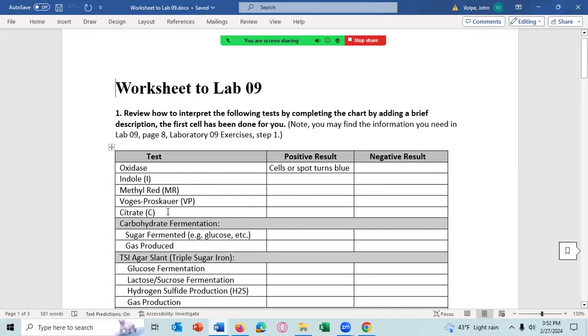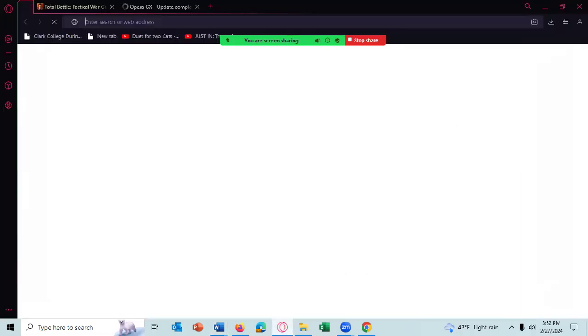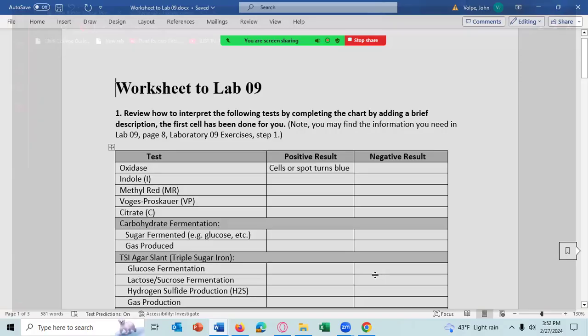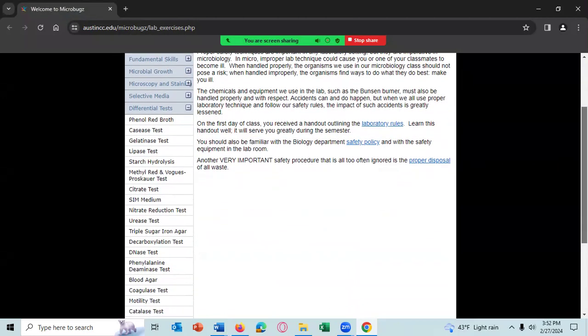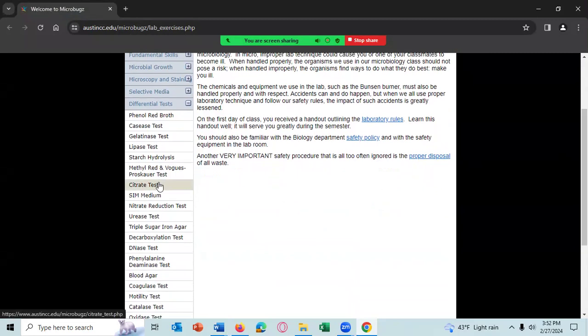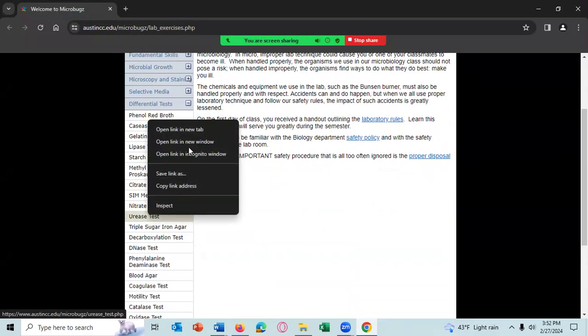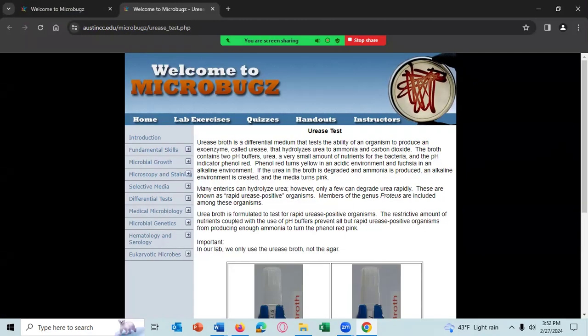Some of these tests, you can get the information from this lab. Other tests, you will have to get the information from either a previous lab or the microBuzz website. Like the citrate test you actually get from this lab, but like the urease test, you can open that up and get the results of the urease test from the microBuzz website.